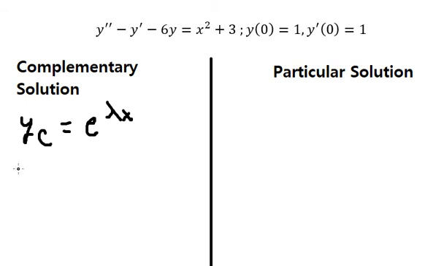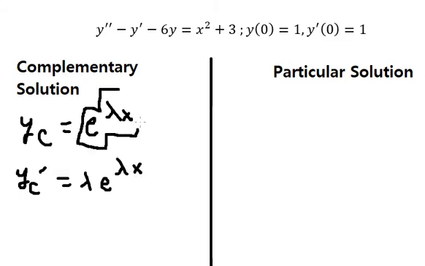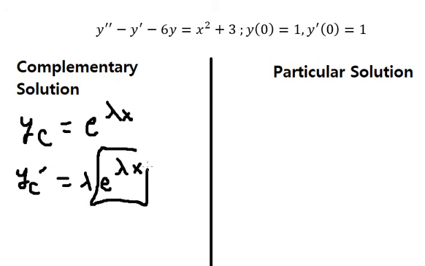Later we do the first derivative of yc, and we have lambda e to the power of lambda s. Because we do the first derivative of this one, we keep the same e to the power of lambda s. Later we do the first derivative of lambda s, you get lambda.